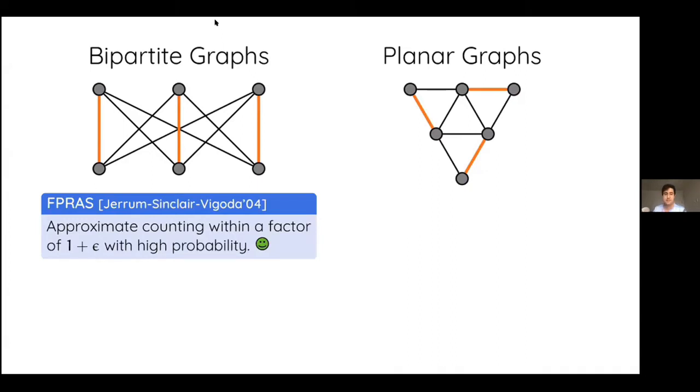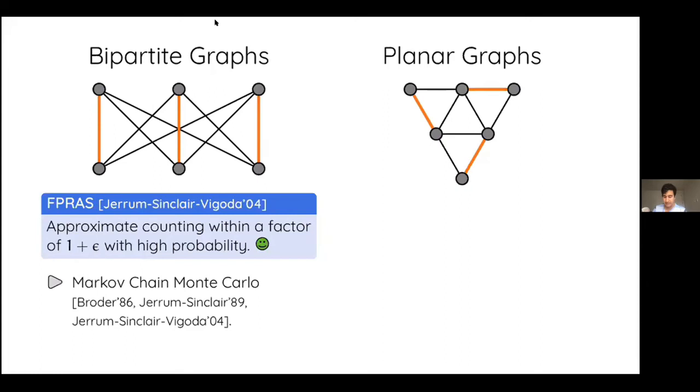For any parameter epsilon, you can count the number of perfect matchings in a bipartite graph within a factor of 1 plus epsilon. This was based on the Markov chain Monte Carlo method that was initially suggested by Broder for this problem, then developed by Jerrum and Sinclair, and finally made to work for perfect matchings in bipartite graphs by Jerrum, Sinclair and Vigoda.